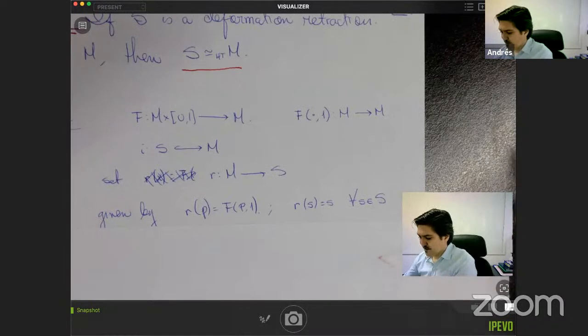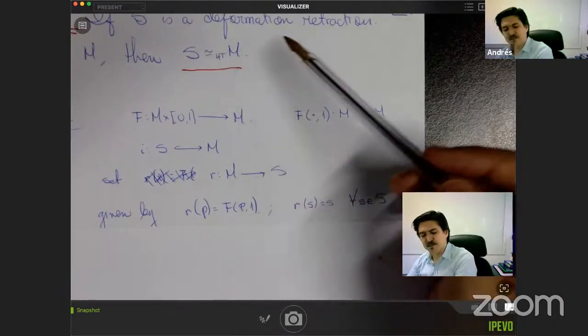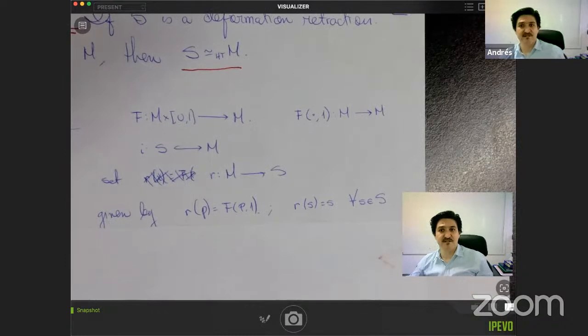Okay, so we want to show that these two manifolds have the same homotopy type. At this point, how can we show that two manifolds have the same homotopy type? Only by the definition. We don't have any other result that will help us decide if two manifolds have the same homotopy type. We only have the definition, so we will proceed by the definition.